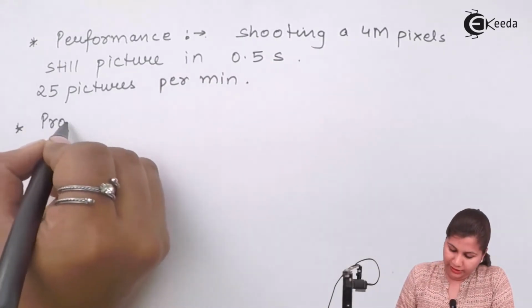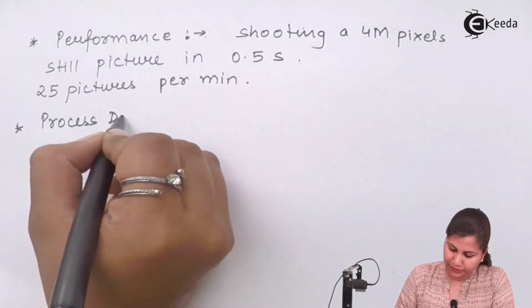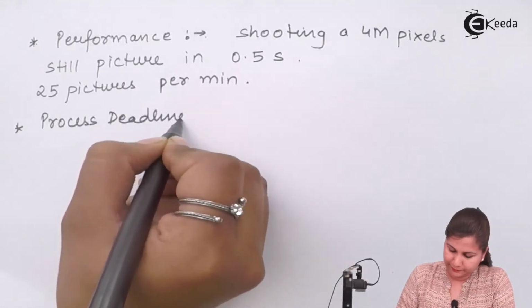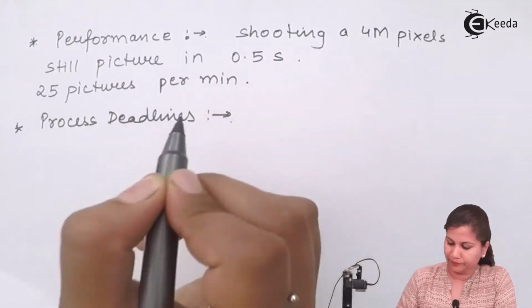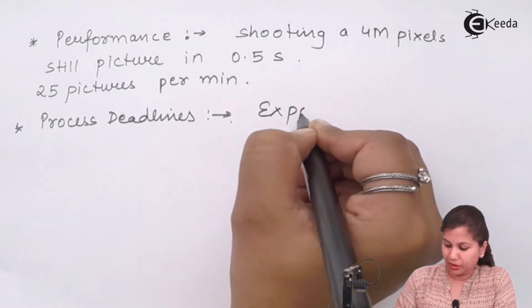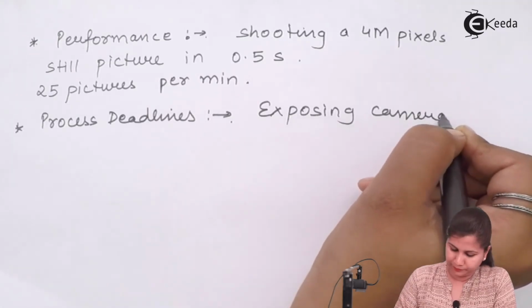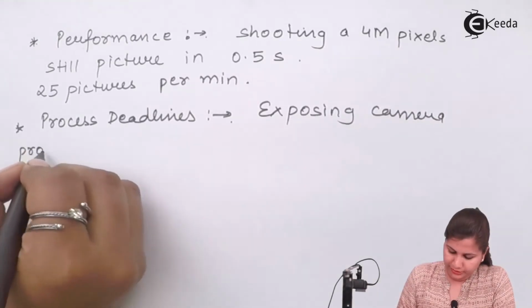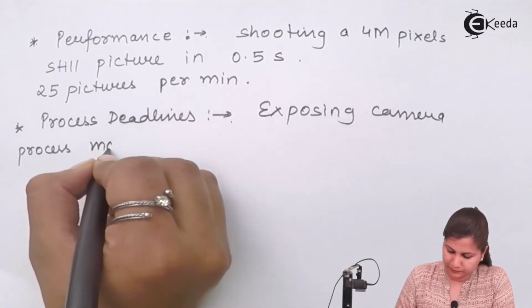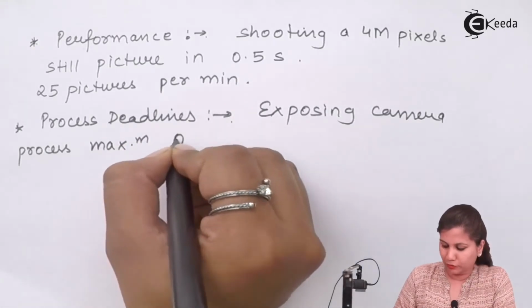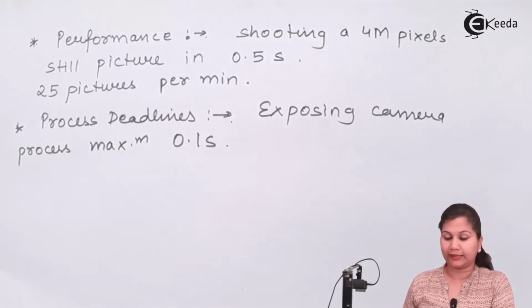After that, we have the next design metric as the process deadlines. Exposing the camera process takes a maximum of 0.1 second.